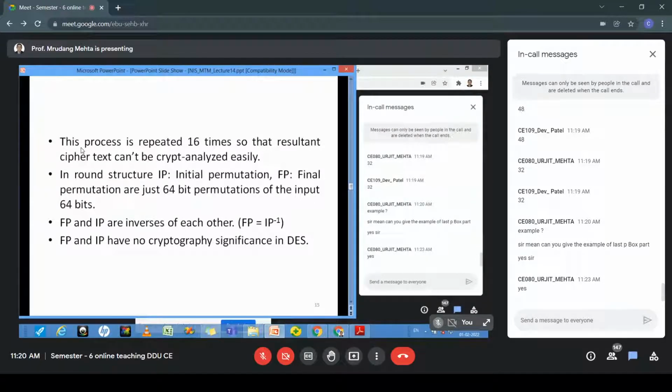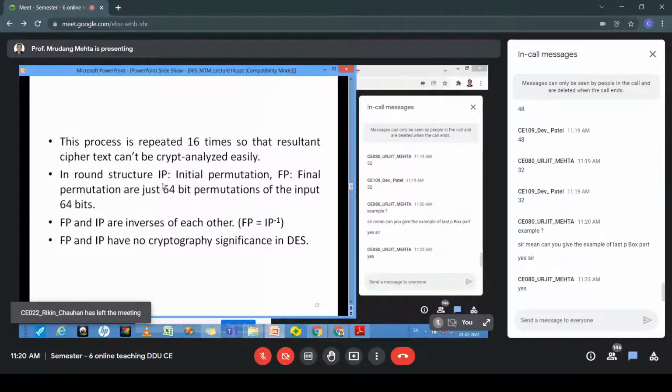So if we do the permutation in those days, it becomes very difficult to perform cryptanalysis. That was the goal, and it was true in those days. But in modern days, with computing facilities having become very fast, this has become a little bit irrelevant, right?